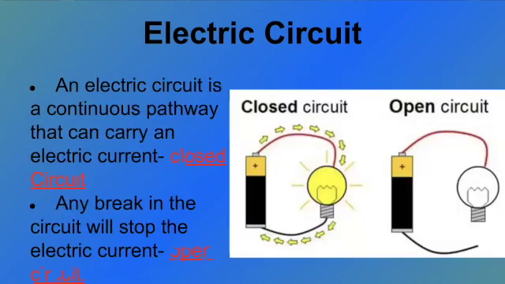For example, back here, if I didn't have my light bulb in the middle of this closed circuit, the electron flow would still be occurring. It would still go all the way from the positive side straight through our wire over to the negative side, but we wouldn't be achieving anything if we didn't have a resistor like this light bulb to use the electricity to accomplish something.